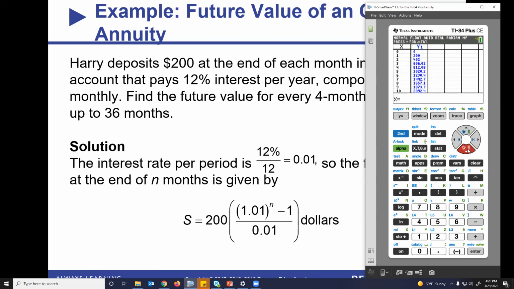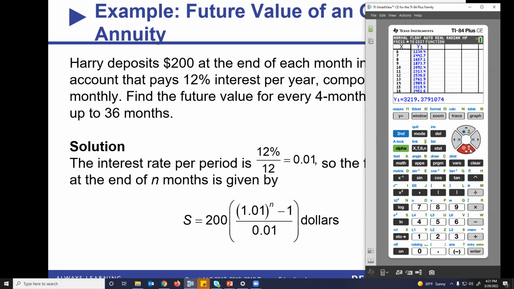Now be very cautious here if you're using the table like this. You might need to click on the Y value to actually get the full decimal, because it cuts it off. So really it's actually $1,657.13. When I go to the next 4-month period, I've got $2,565.50.